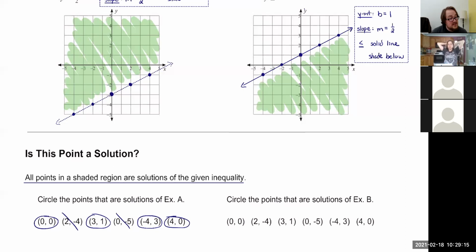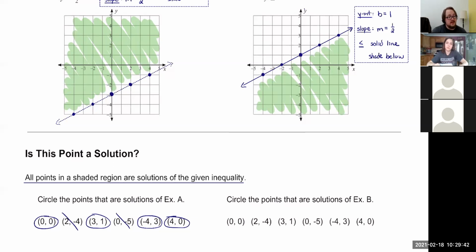So of that list of 6 ordered pairs, 4 of them happen to land in the shaded region that we created. Now, that doesn't mean that those are the only solutions, because remember, any point, anywhere I land in this shaded region and beyond would be a solution. Just in the list we were provided, only 4 of them worked.